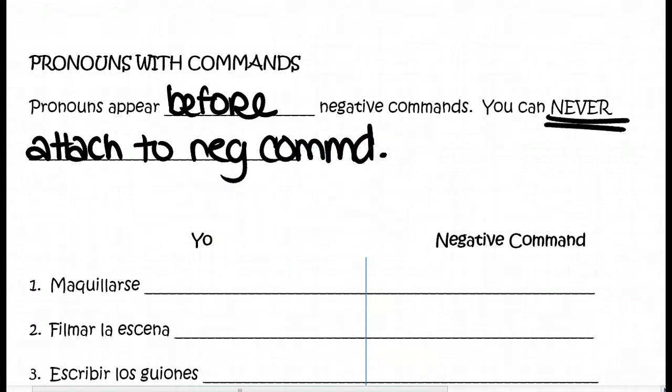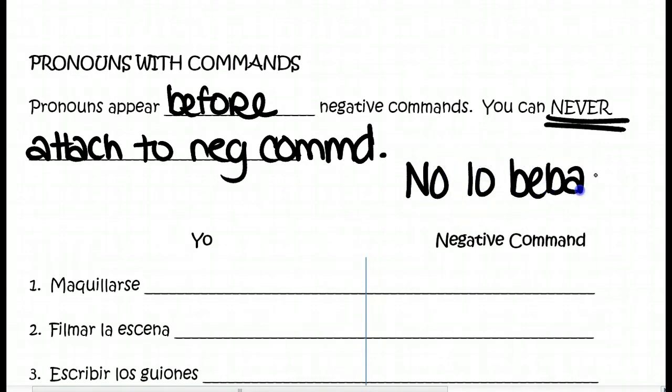So for example, I might say, don't drink the juice. I would say, no lo bebas. Since this is a negative command, it's going to come before. If I wanted to tell you to drink it, I would say, bébelo, and then it would be attached. But with negative commands, your pronouns need to go before the command verb, so between the no and the command.